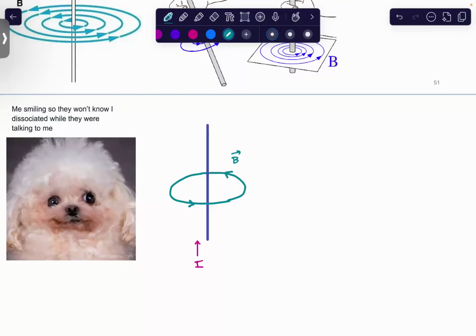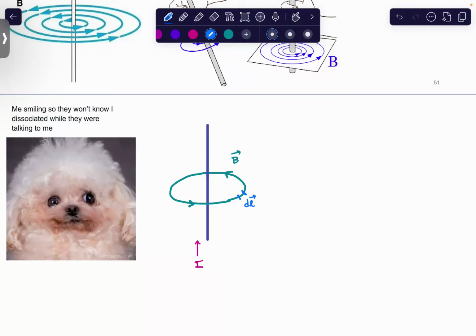But the way I'm looking at this is, as I go along this pathway, I'm going to take these tiny little chunks, because these are my infinitely small length elements, dL.